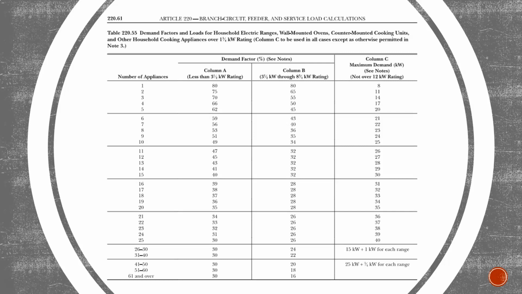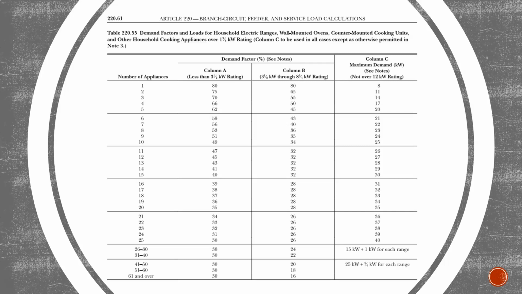Now for our note 1, as it told us, if we have a range that is larger than 12 kW, we have to increase this column C amount by 5% per kW. Now, if I recall, we had a 14 kW range in this equation.